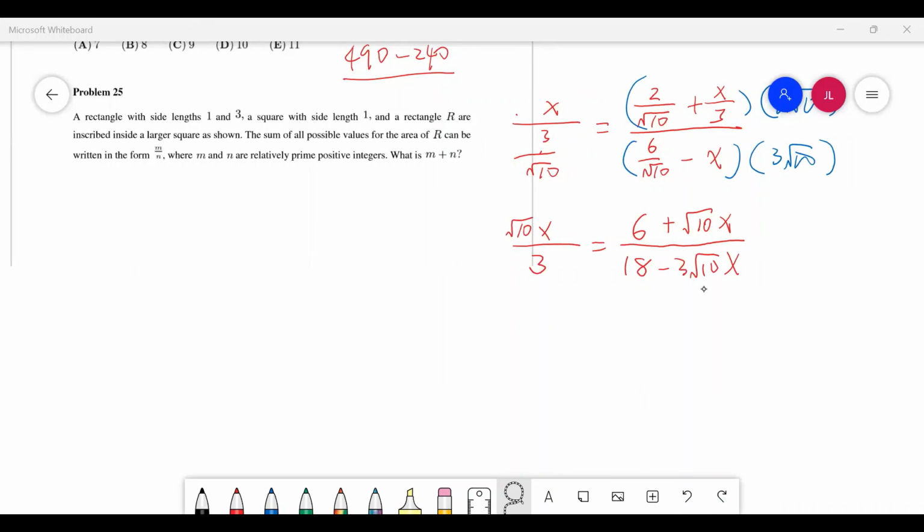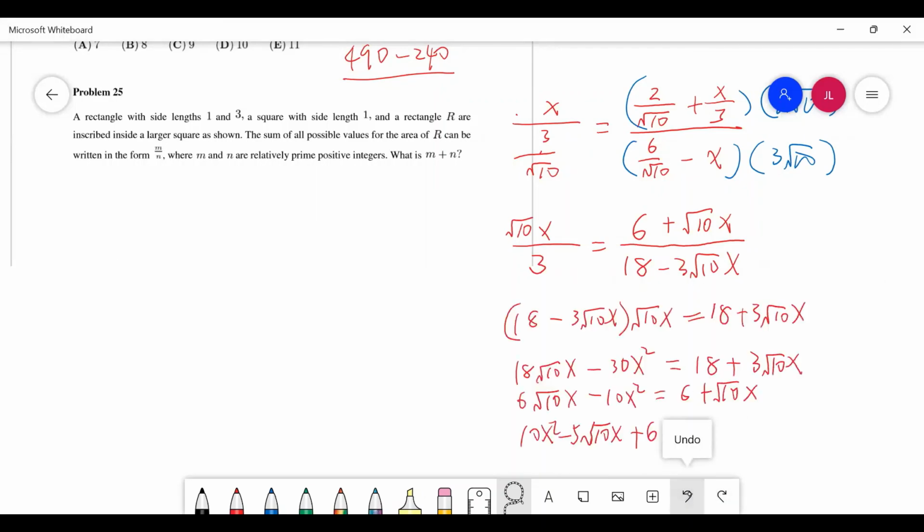Then we do cross multiplication. So we got 18 minus 3 square root 10 x times square root 10 x equal to 3 times 6 plus square root 10 x. That's 18 plus 3 square root 10 x.